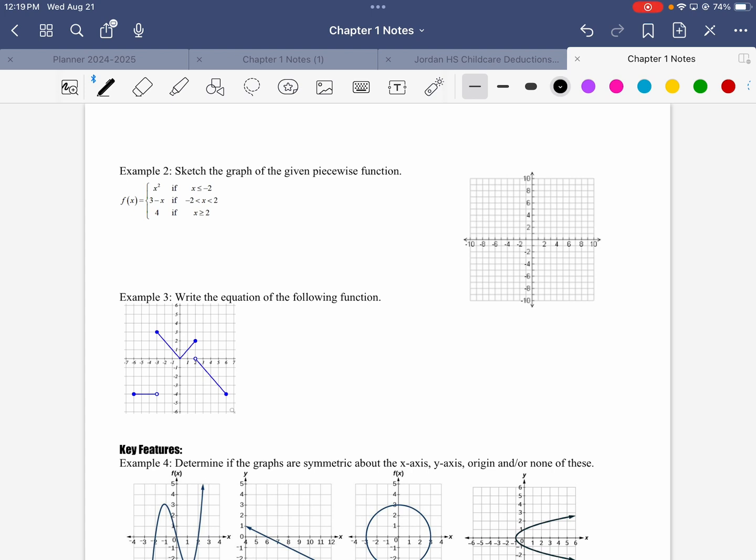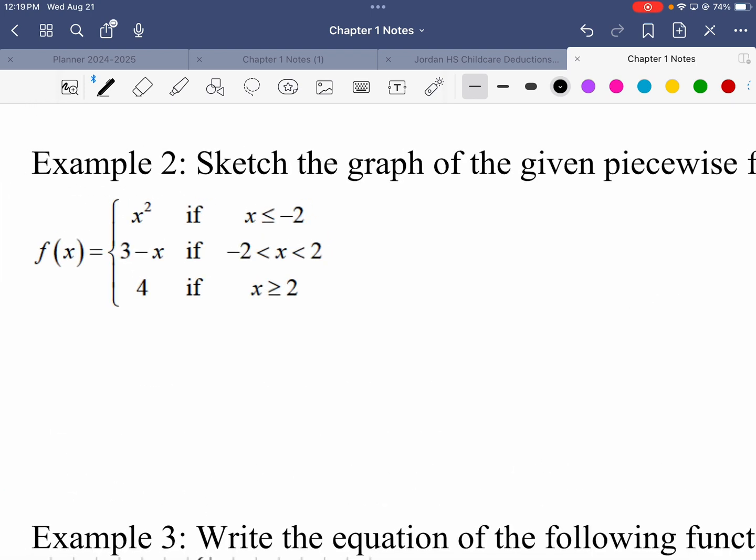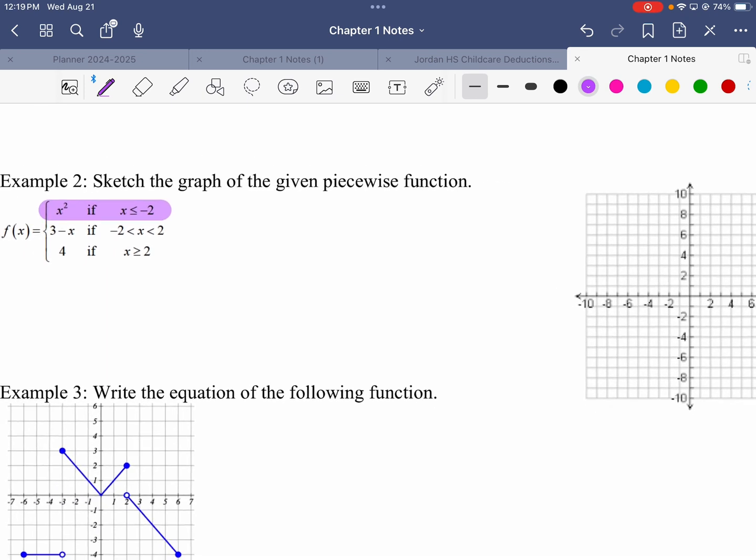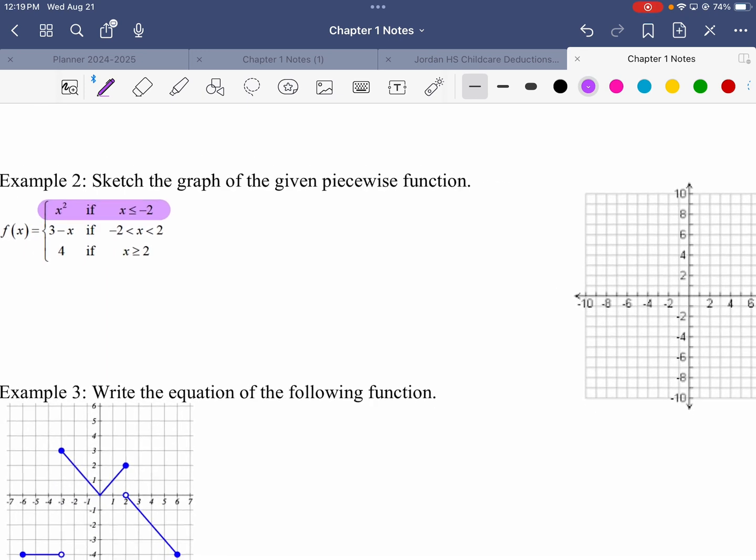So, how do we graph piecewise functions then? Well, you have to do it in 3 different parts. So we're going to take the top one first. And we're going to graph x squared when x is less than or equal to negative 2. I think it's a lot easier to just graph the whole thing and then erase the part you don't want. Because if I'm going to have to think through, okay, but I can't do anything over here, that's too hard for my brain. I'm just going to graph x squared and then figure out the domain.